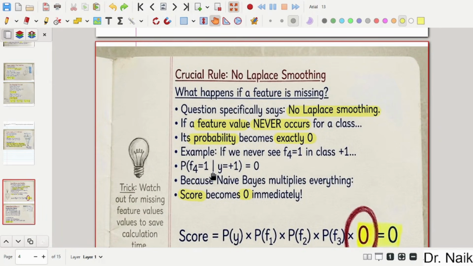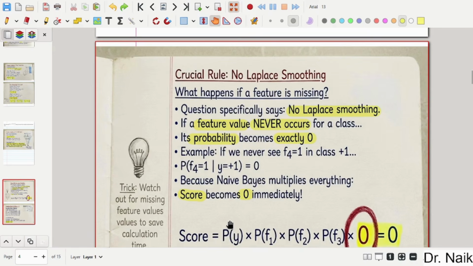Laplace smoothing means this. The question specifically says this because if a feature value never occurs for a class, then its probability becomes exactly 0. For example, if we never see f4 equal to 1 in class +1, then the probability of f4 equal to 1 given y equal to +1 is 0.